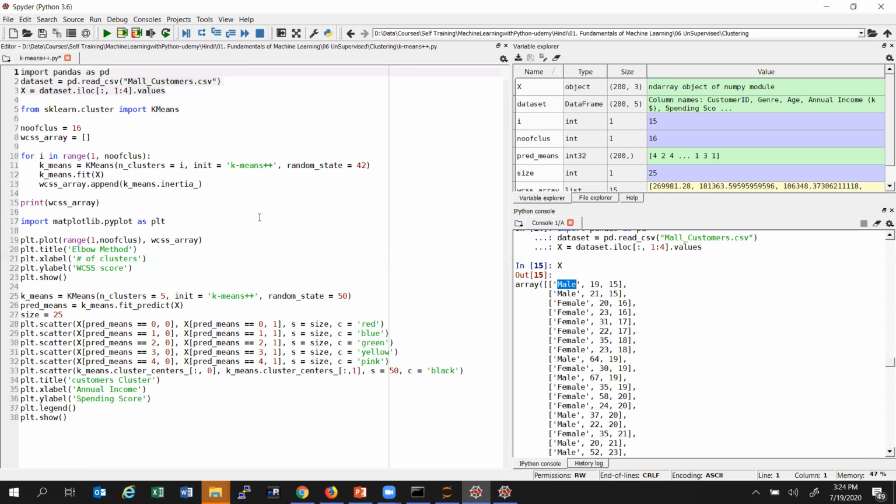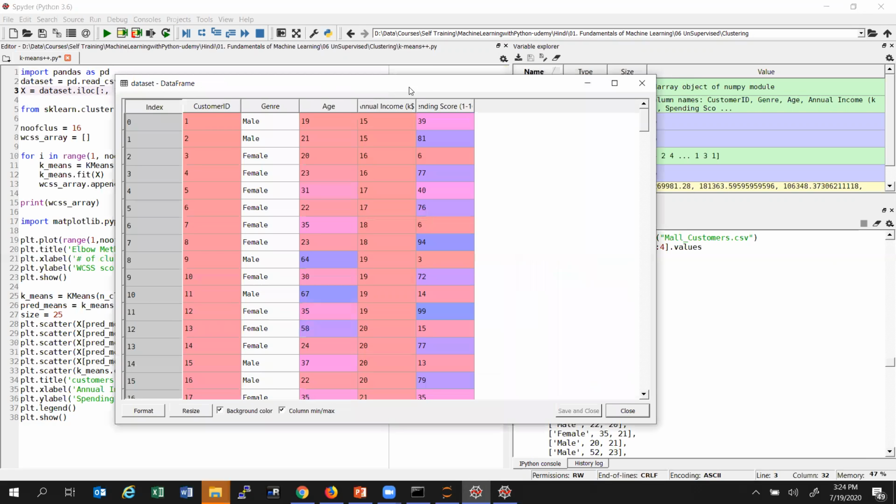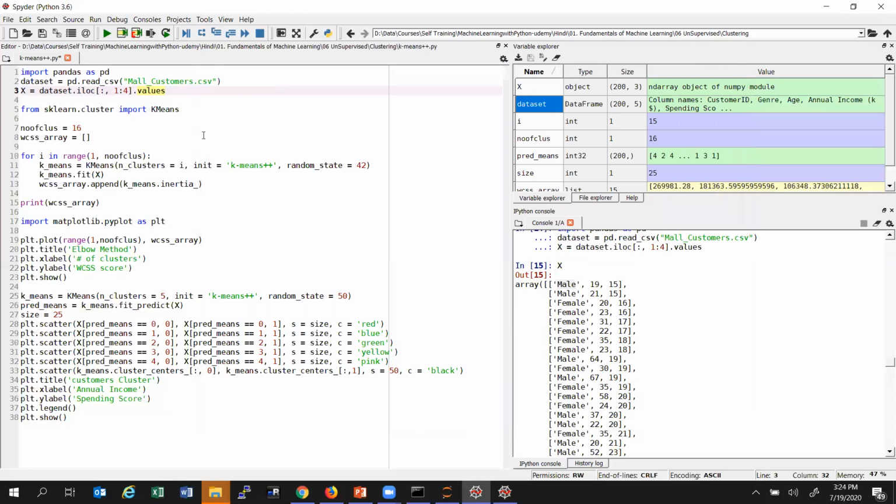Male you need to convert, so again you need to do a lot of those things. You can try to use all these four within this data set and see how your clusters form. So yeah, you can try different options. For graph purpose, I just chose two columns.